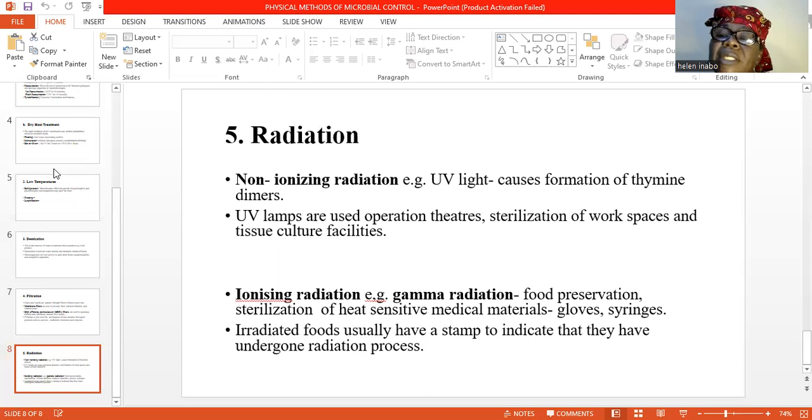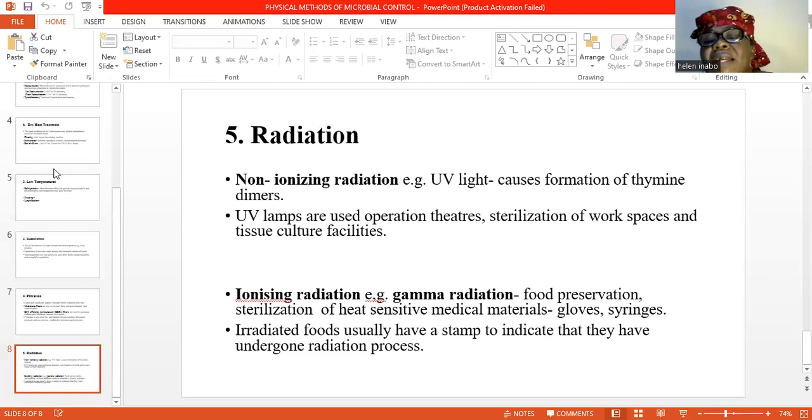Ionizing radiation, such as gamma radiation, is used to preserve foods and also for sterilization of heat-sensitive medical materials such as gloves, dressings, and syringes. It is known that irradiated foods have been in existence for a long time, but many people are a bit hesitant because of food safety and health.